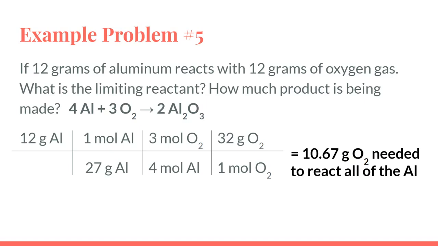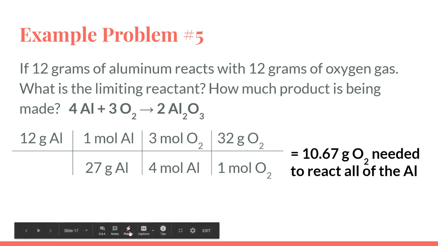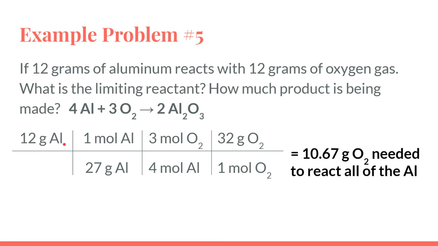So when I go through reaction stoich, I started with 12 grams of aluminum. I put grams down. I need to convert that into moles using a simple mole conversion. And I know that there are 27 grams of aluminum in 1 mole. Then I need to use a mole-to-mole ratio using the balanced equation in order to convert from aluminum into my other reactant, which is oxygen gas.